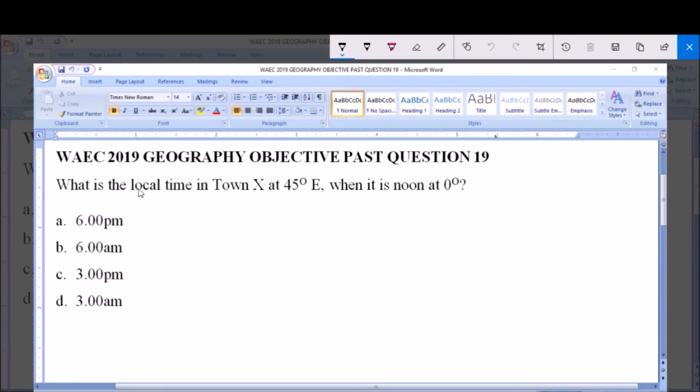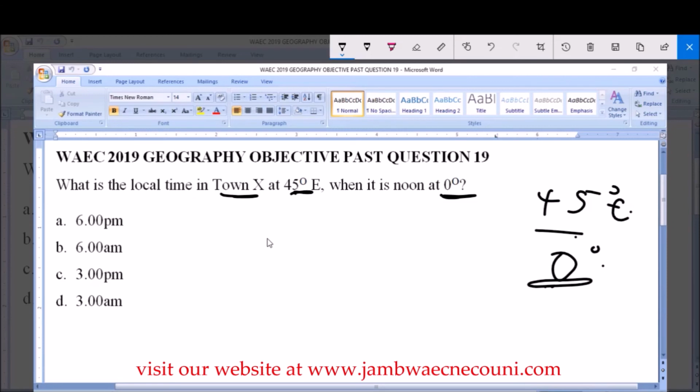So we are going to use the longitude line 45 degrees east to calculate the time difference between town X and another town which has longitude at 0 degrees. Now let's represent it with a sketch.